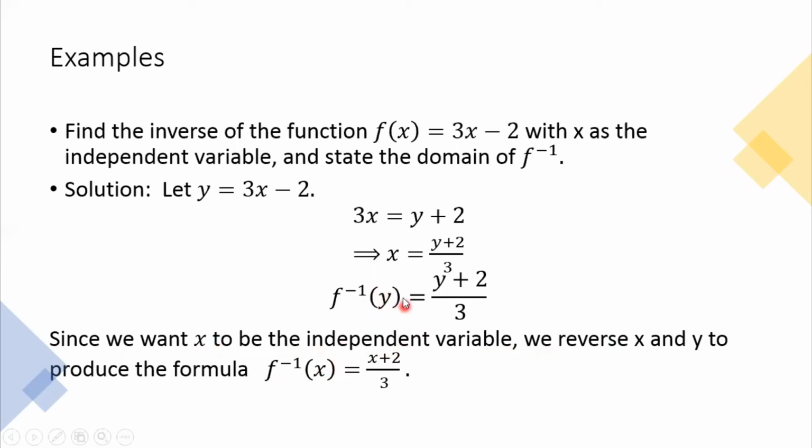So this y here becomes f inverse of x, and this y here becomes x. Therefore, our f inverse of x is equal to (x plus 2) over 3. This is our f inverse.